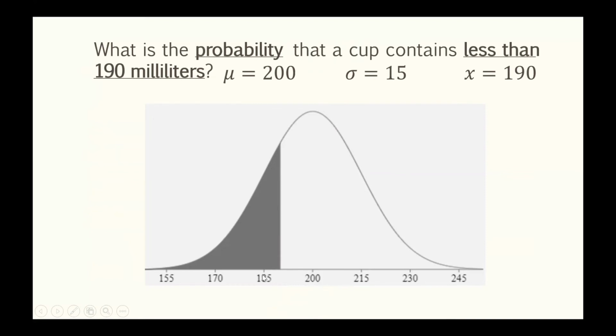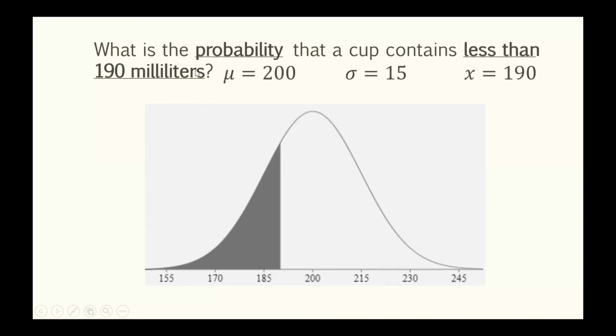So if we are going to observe the numbers, 200 minus 185, that is 15. 185 minus 170, that is 15. So from 170 to 185, the spread of this or the width of this is 15. Where is 190? After 185, so nandito yung 190.